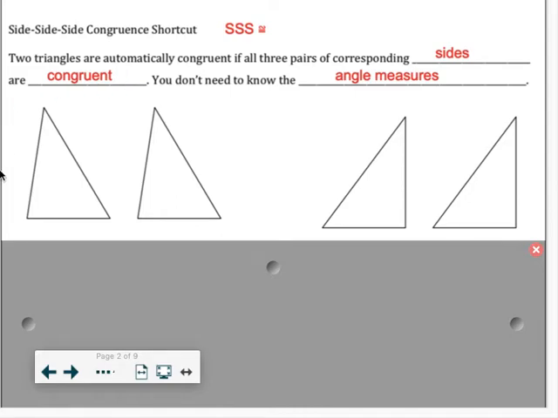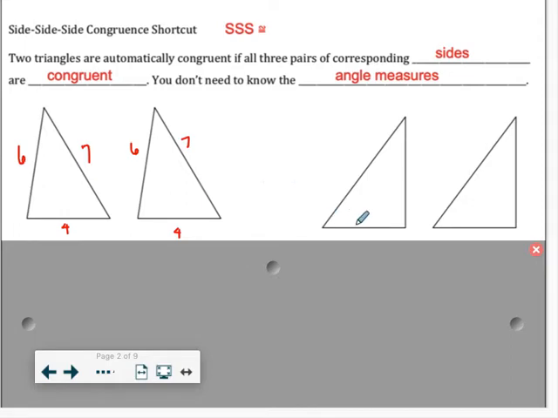For instance, I might say that this triangle has side lengths 6, 7, and 4, and this triangle is 6, 7, and 4. Only knowing that information, these triangles have to be congruent because triangles are rigid. We couldn't push on the corners and make anything different.